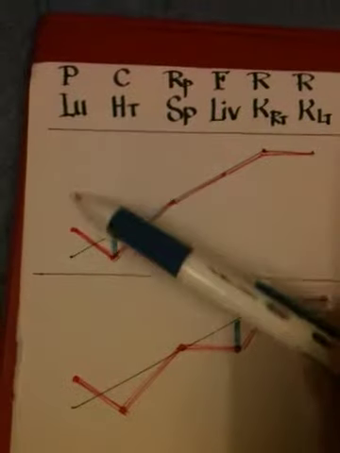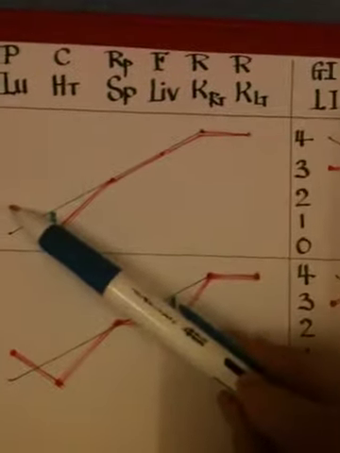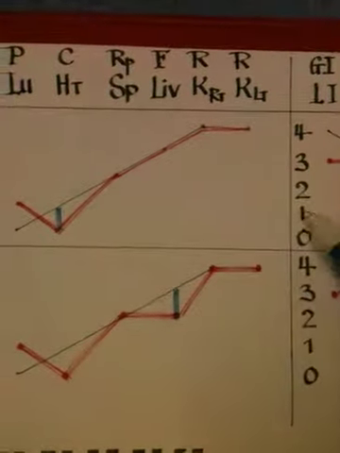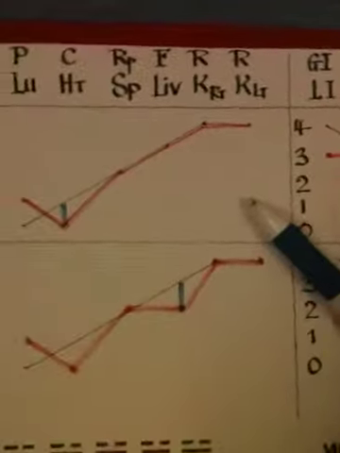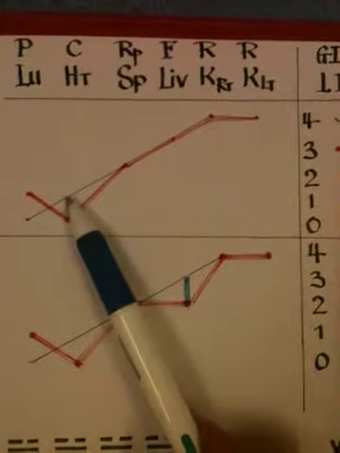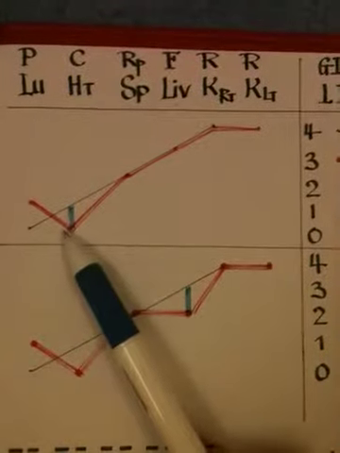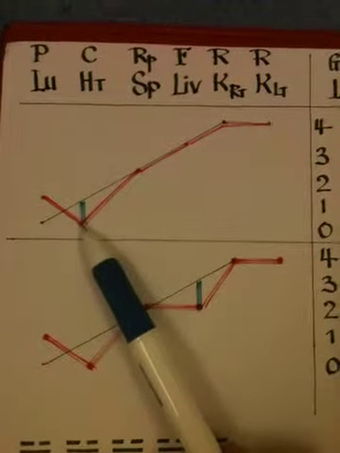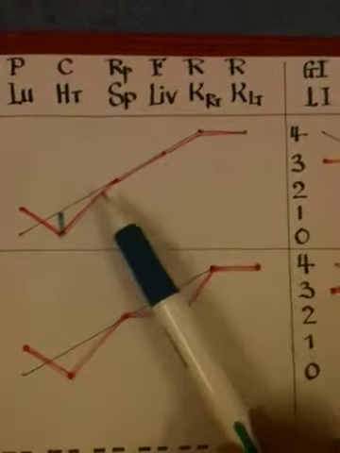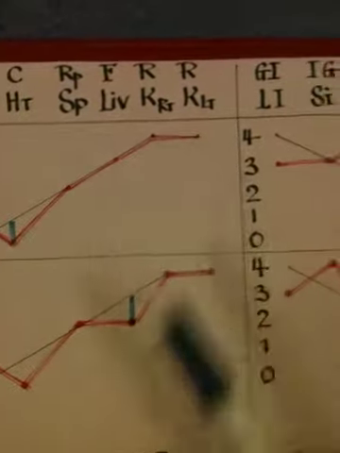His lung pulse shows that the lung meridian has the movement corresponding to fire. The heart meridian has the movement corresponding to metal, and here are the other meridians.